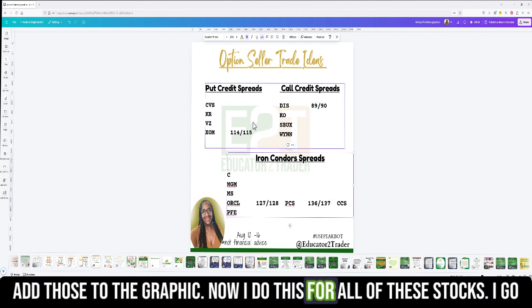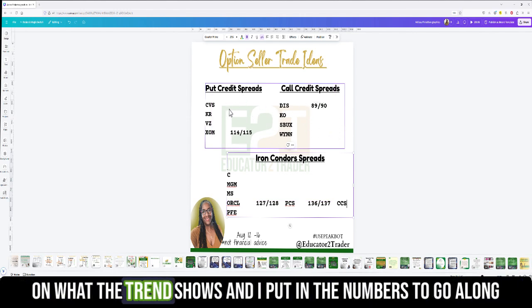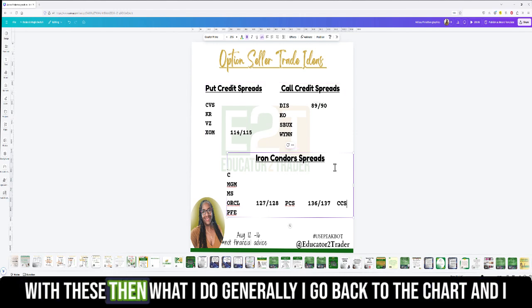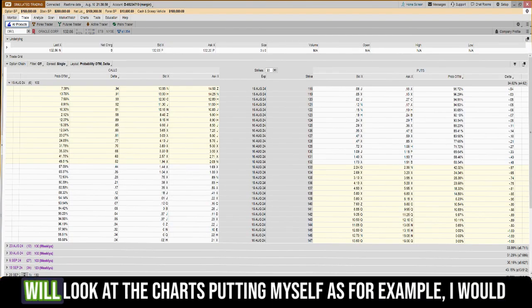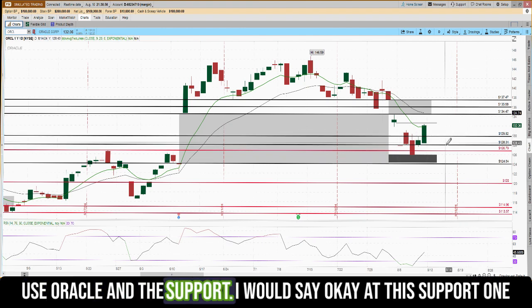Now I do this for all of these stocks. I go look at the chart, I see support and resistance depending on what the trend shows, and I put in the numbers to go along with these. Then generally I go back to the chart and put myself in the position, for example, with Oracle.